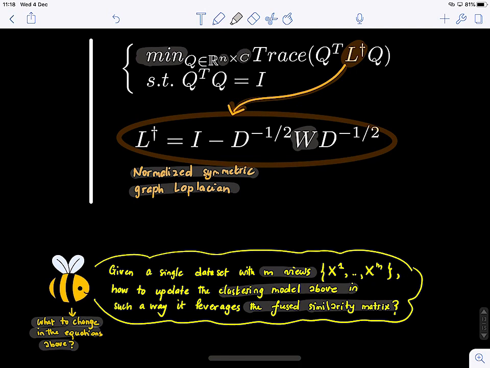You can apply clustering to each view independently, but if we want to do some fusion process, what should we update here when we solve this optimization problem? What is the variable that we should change? Anyone? What is the goal of the fusion at the end? Why are we doing this fusion?